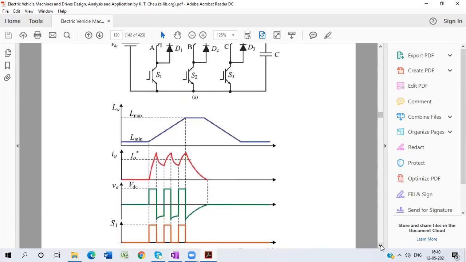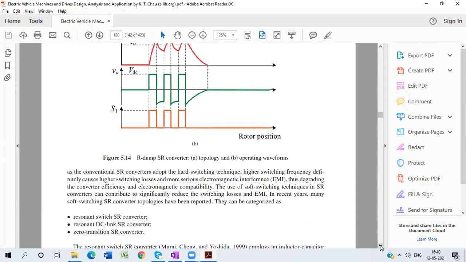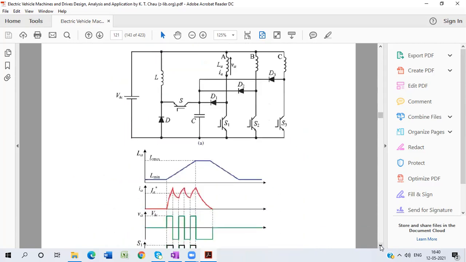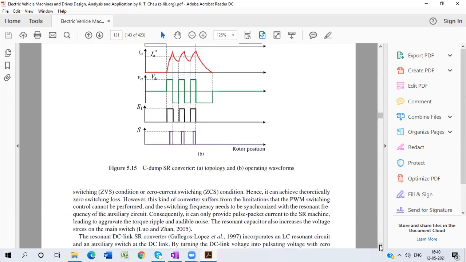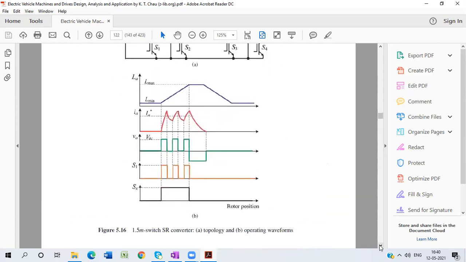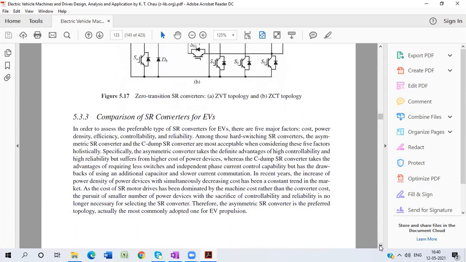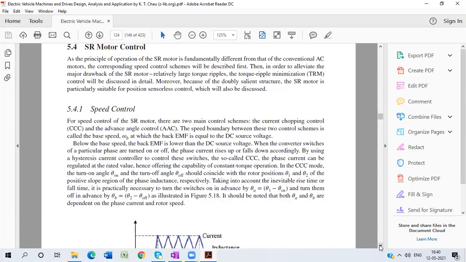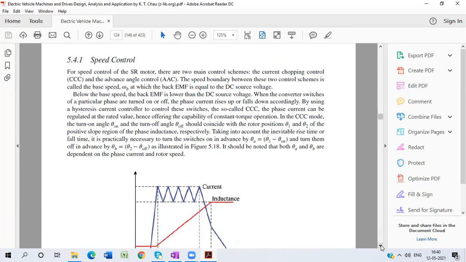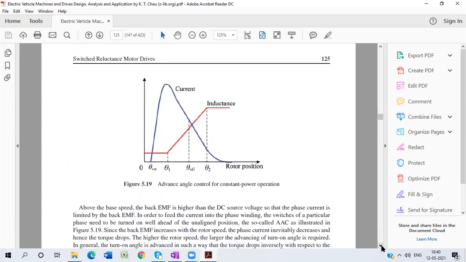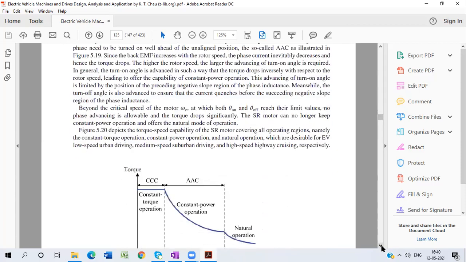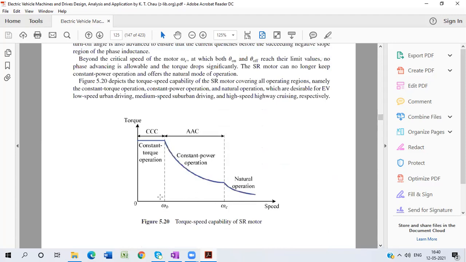This is another topology which we have not done, so don't go through this. The speed control we have done, switched reluctance 5.4.1, speed control. We have discussed this torque speed curve.